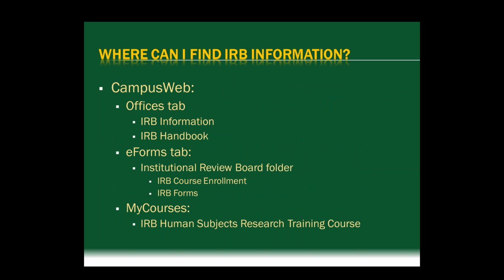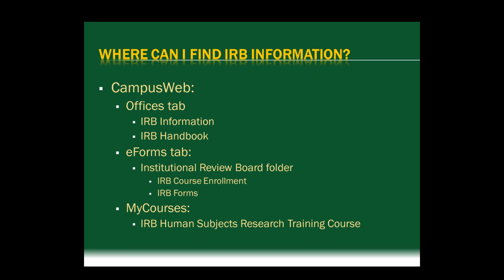IRB information is available on Campus Web. Under the Offices tab, you can find the IRB information and the IRB handbook, which contains detailed information about IRB processes and procedures. On the eForms tab, in the Institutional Review Board folder, you'll find the IRB course enrollment form.